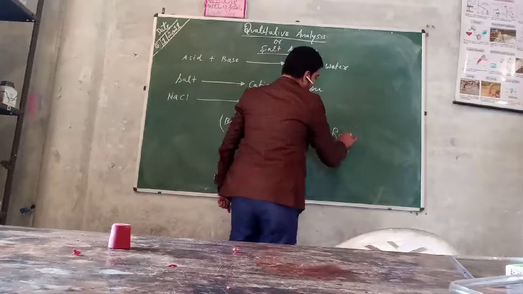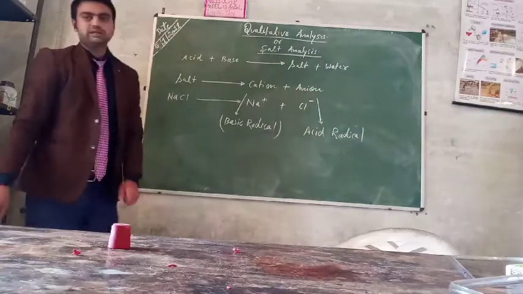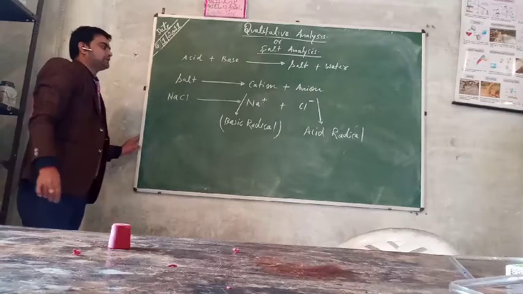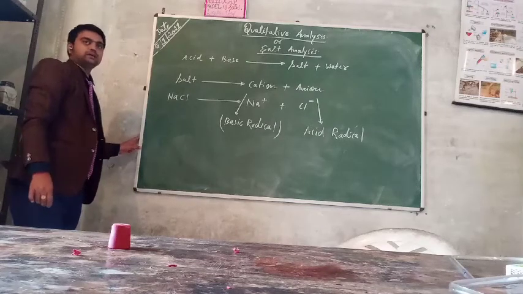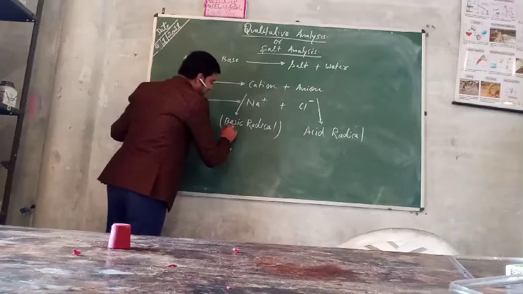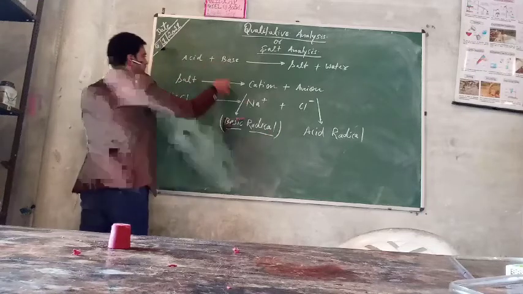That means you have to find the two radicals in the given salt. The first one is the basic radical and the second one is the acid radical. Clear? Why is the cation also considered the basic radical? Because this cation comes from the base.